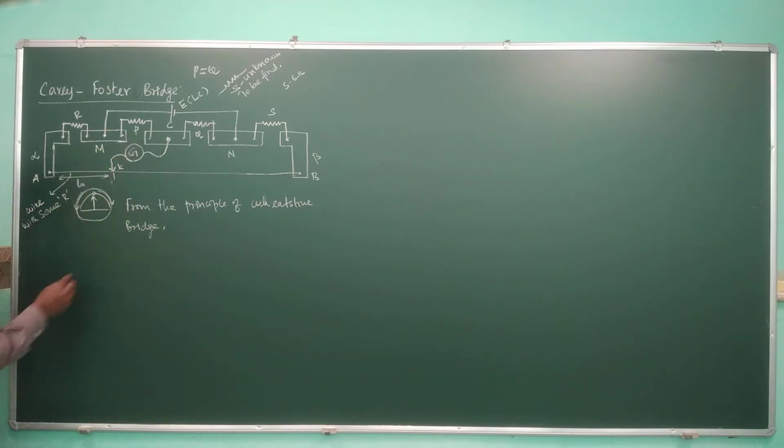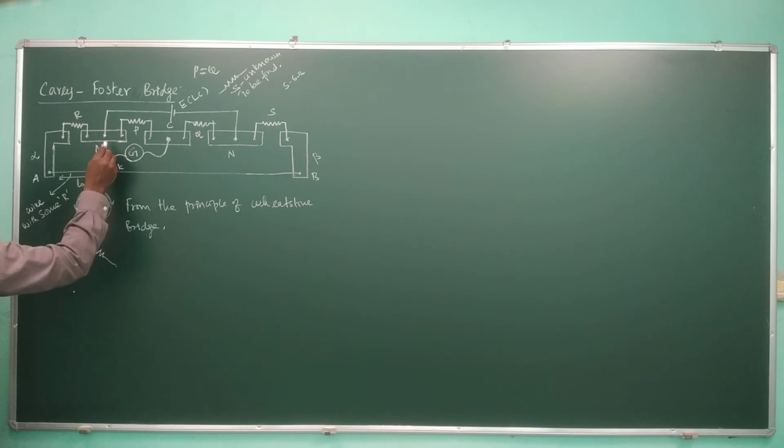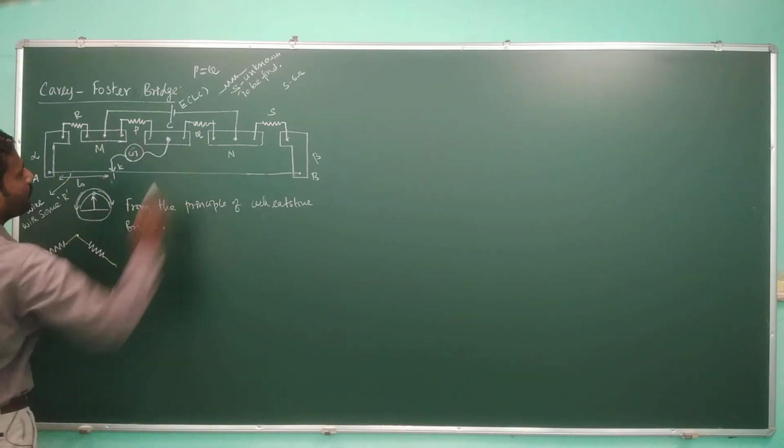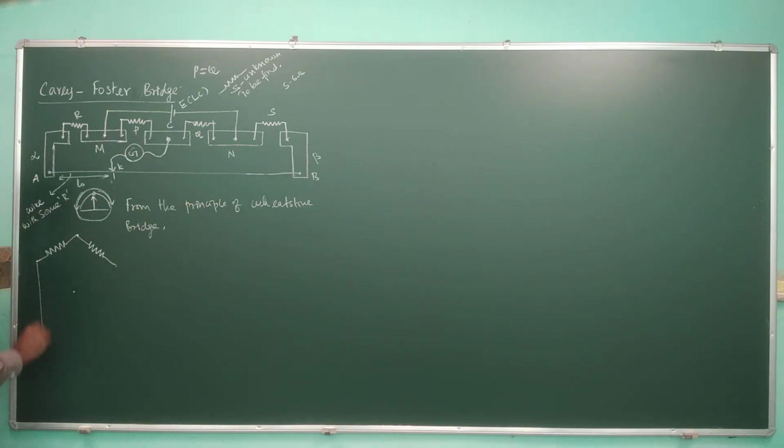Again, starting from here, at this point there is P and there is Q in the top. The other points of P and Q are connected to a battery, so that we can do it, no problem. It is connected to the battery.